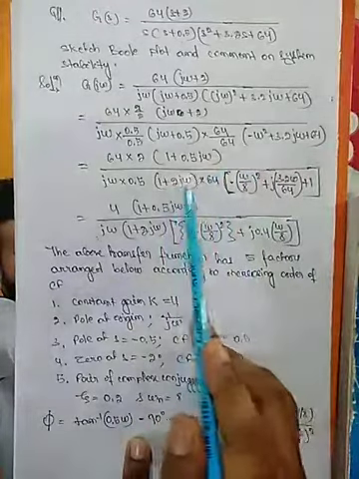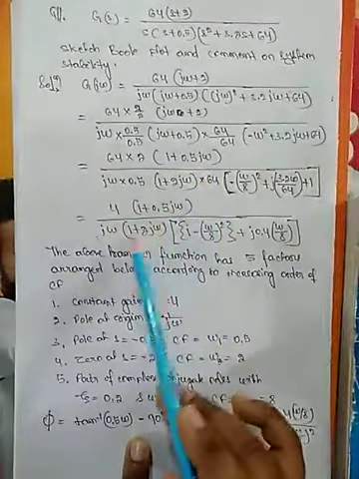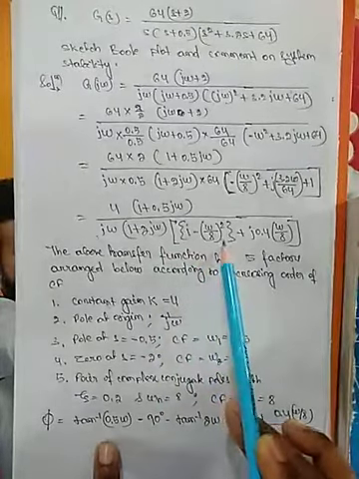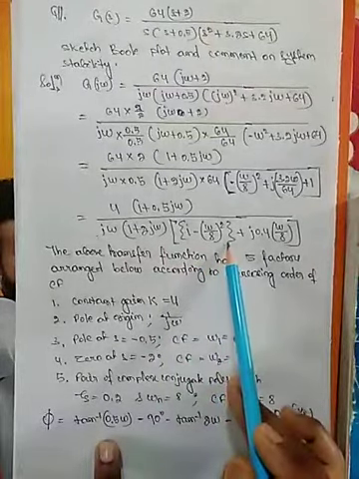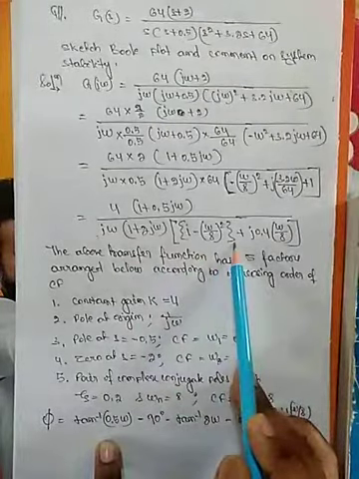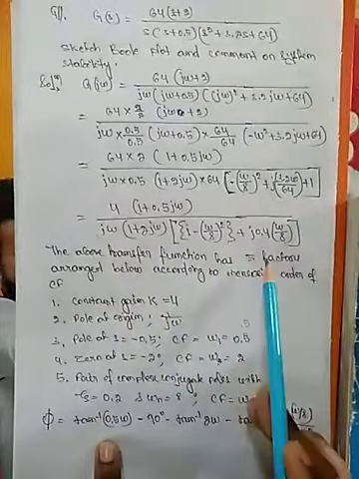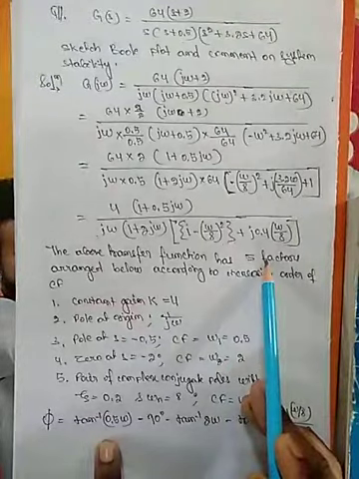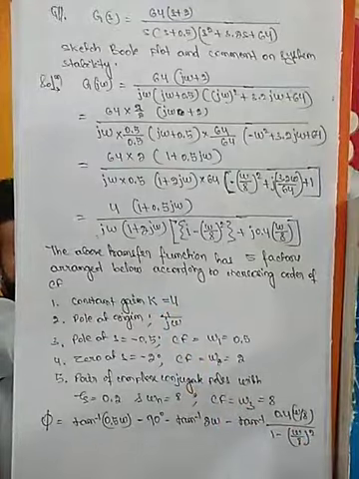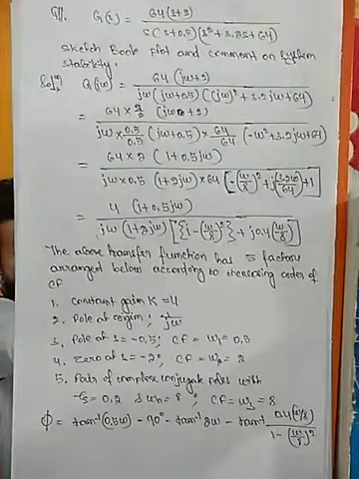So the simplified transfer function is this one. This simplified open loop transfer function consists of five factors, and I arranged them according to the increasing order of their corner frequency.